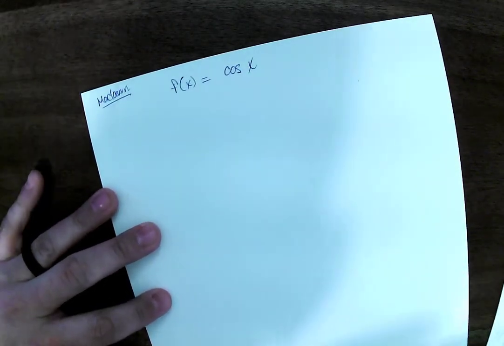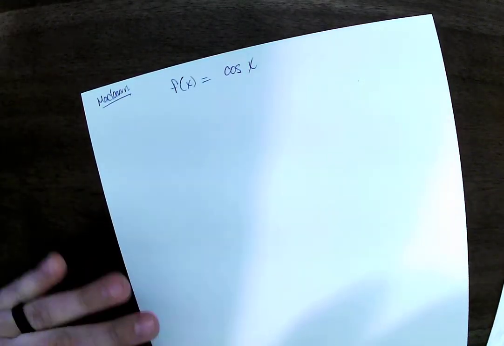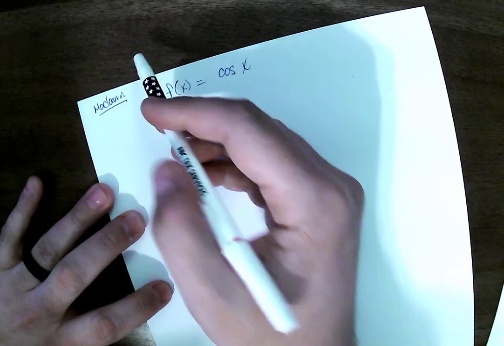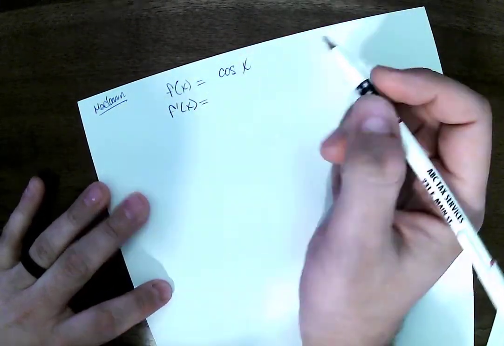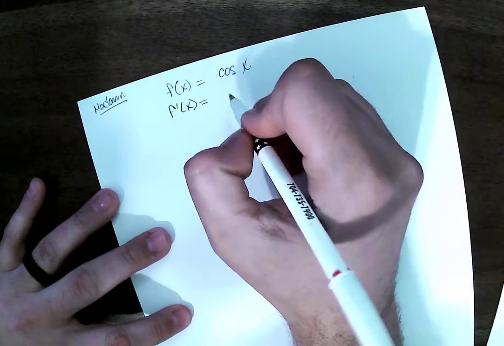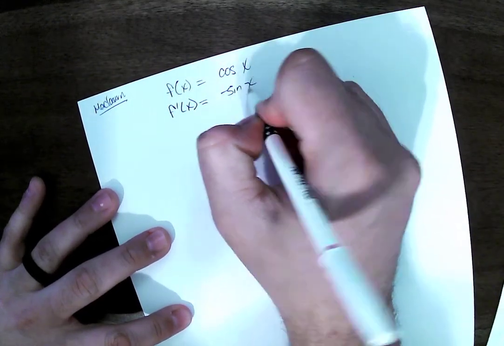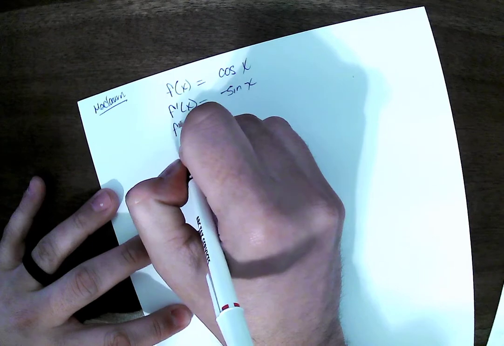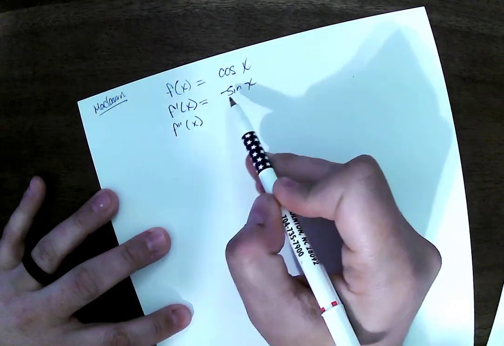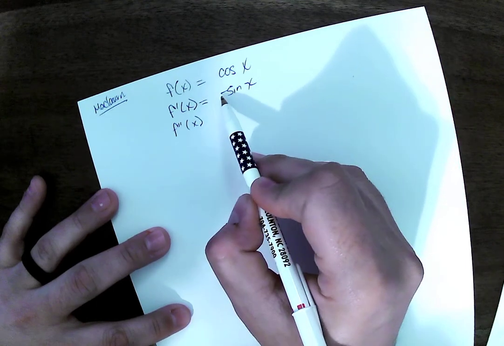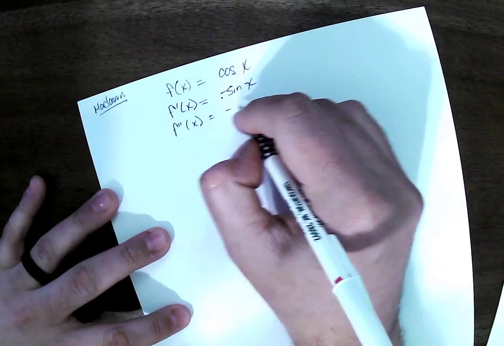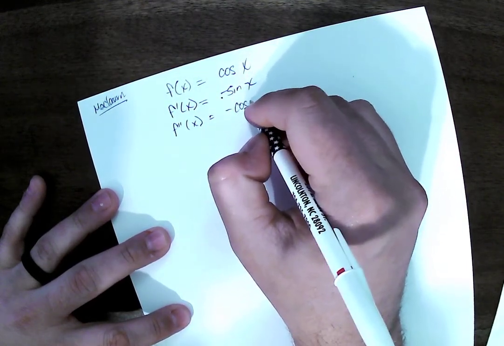Well, let's just go ahead, since we know that we need to do multiple derivatives of this. So we'll write down f of x is this. Then that means that f prime of this, remember that the derivative of cosine of x is negative sine of x. Let's take the second derivative. The derivative of sine of x is cosine of x, but I have this negative out in front, so that then leaves me with negative cosine of x.